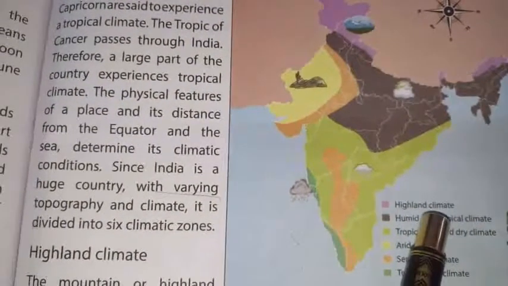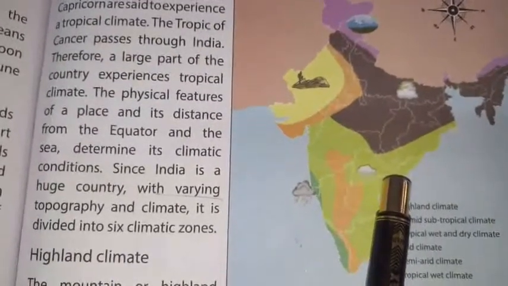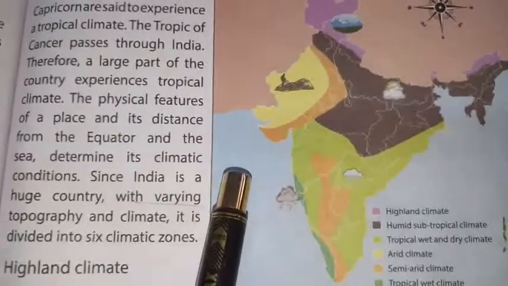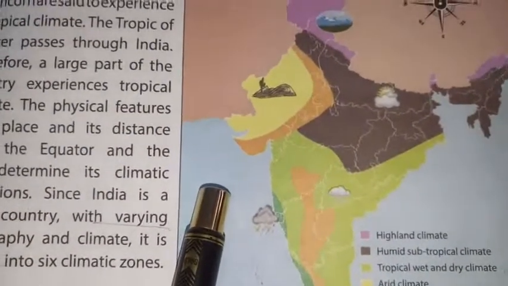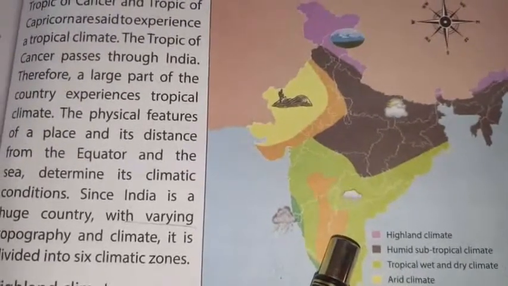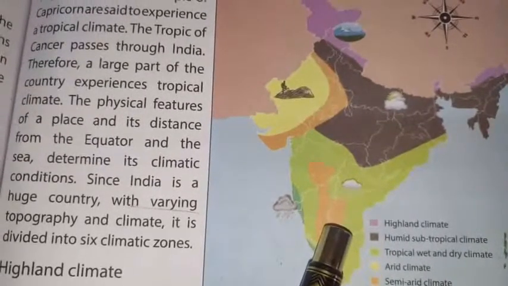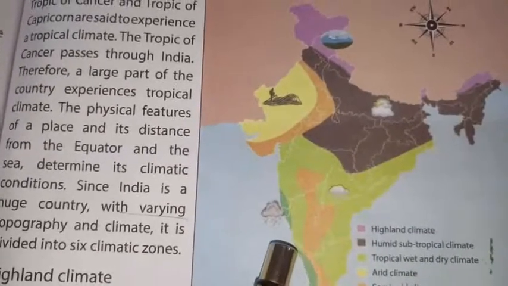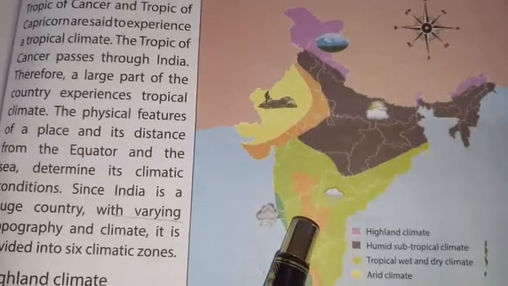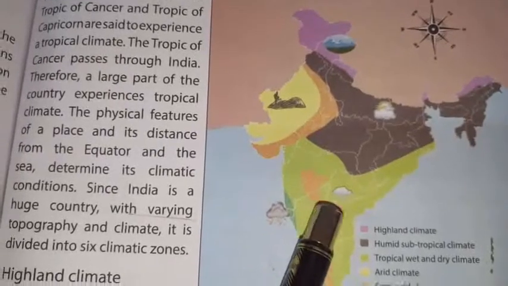The climatic condition of a place are determined by its distance from the equator and the sea. Since India is a huge country, huge means very big, with varying topography, tract of land, area, and climate, we feel we have different climatic zones in India.